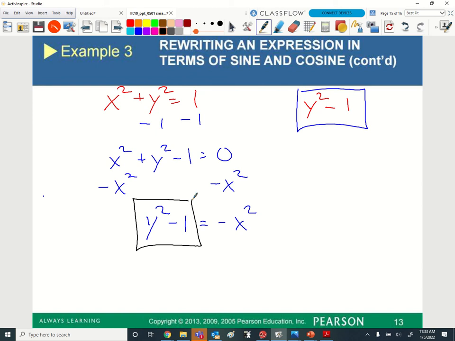Negative x squared. So this pops up so often. Or if it would have been x squared minus 1, it would be equal to negative y squared. So this is the basis of what we use a lot of this for. So I'm going to replace my y squared minus 1 with negative x squared.